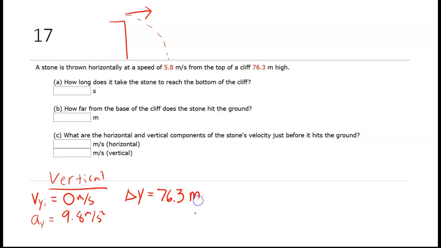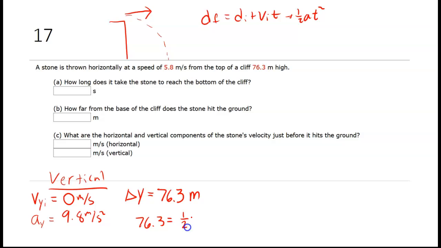The change in my position is 76.3 meters. That's more than enough to solve, because if I'm going to use the equation df equals di plus vit plus 1/2 at squared, and I apply that in the vertical, I'm going to end up with 76.3 is equal to 0 plus 0t.